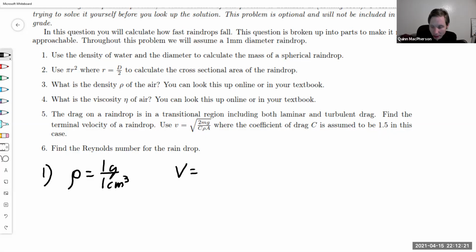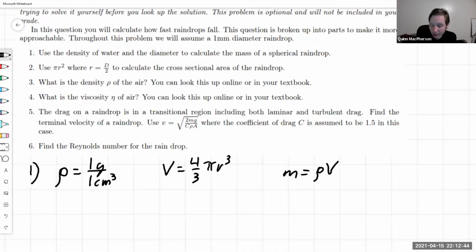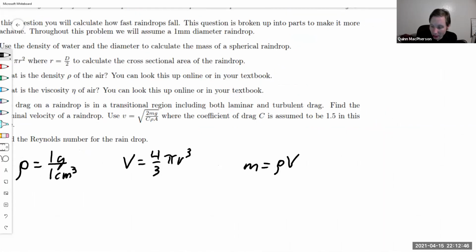We can assume the raindrop is a sphere, so 4/3 pi r cubed is the volume of a sphere. So we can calculate the mass. Mass equals rho times volume, because rho is mass per volume.